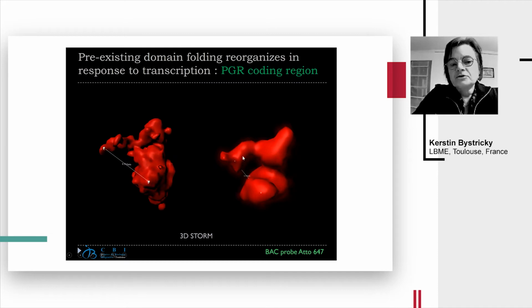And when you add estradiol to it, the distances become a little bit shorter and you have some kind of remodeling. So, okay, these are blobs, but they look not so different from the numerous models that Mark builds based on 5C structures. And this is what we can detect in cells in 3D Storm.